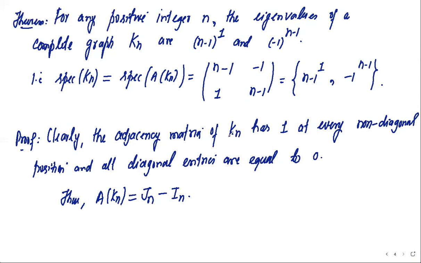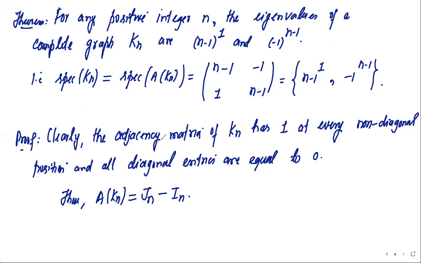That Vi, Vj entry will be equal to 1 if i is not equal to j, and if i is equal to j, then that entry will be equal to 0, because the diagonal entries of an adjacency matrix are always equal to 0, as Kn is again a simple graph. So in the adjacency matrix of Kn, all the non-diagonal entries are equal to 1 and all the diagonal entries are equal to 0.